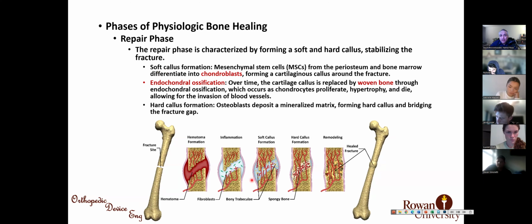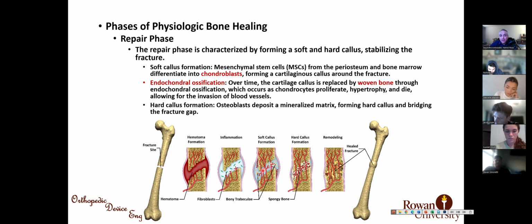Now the fracture site is stable enough to decrease the pain, but it is not stable enough to tolerate the load. This is the time when the pain goes away because the fracture doesn't move with the patient's movements. But if the patient wants to apply load on it, it will fail.